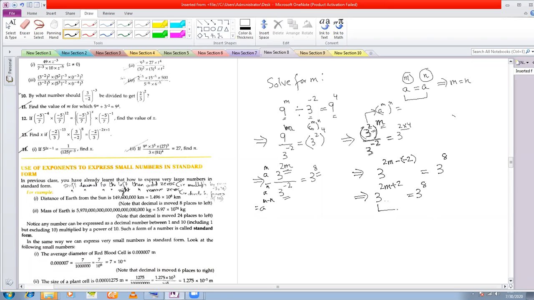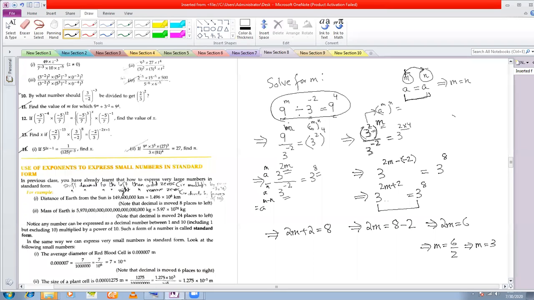Now see, are the bases the same? Yes, sir. If the bases are the same, then the powers have to be the same. So 2m plus 2 is equal to 8. Now this is a linear equation you can solve. 2m is equal to 8 minus 2, means 2m is equal to 6. That means m is equal to 6 by 2, so m is equal to 3. So you have solved this equation to get m is equal to 3. Clear?